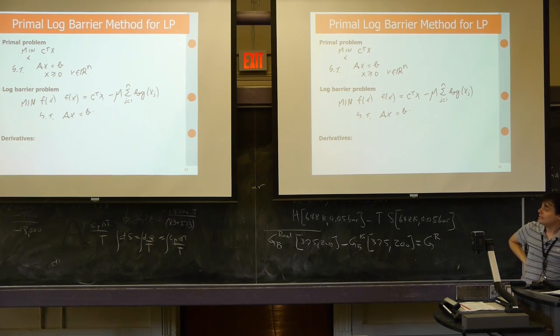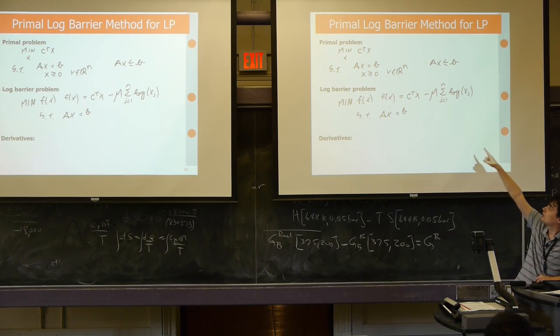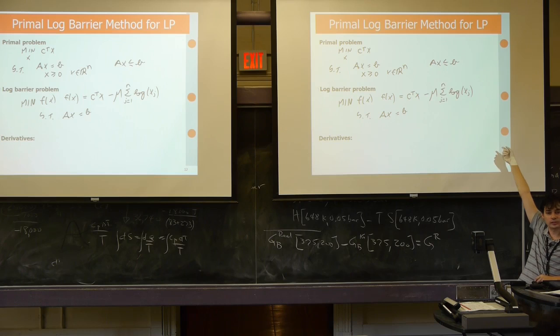But indeed, I could have started from a linear program where, say, Ax is smaller than or equal to b, and then you could put a barrier function on these constraints as well. But let's just ignore this for now. If we have time, we come back to this later.